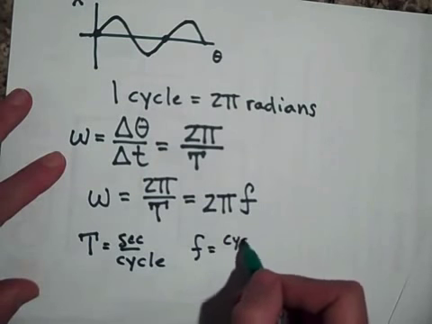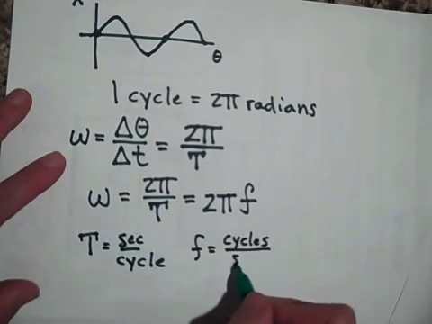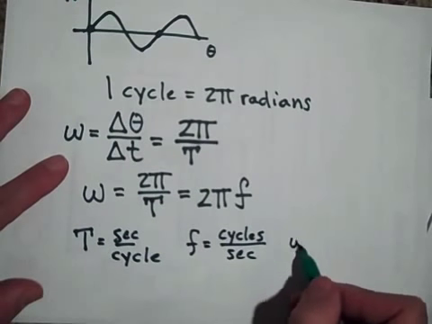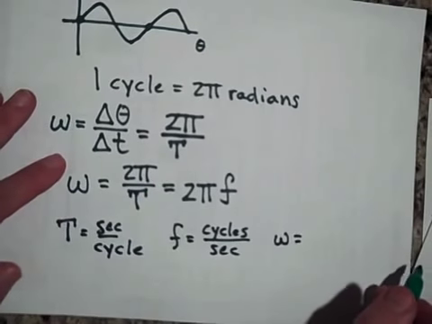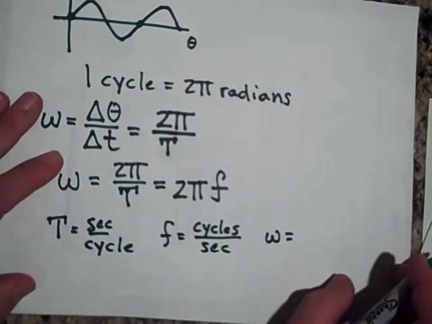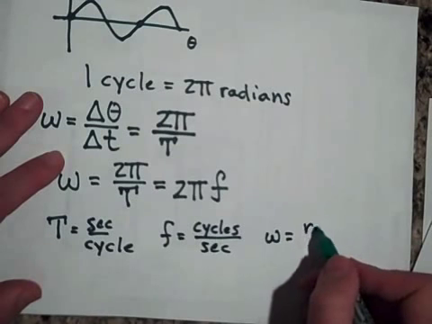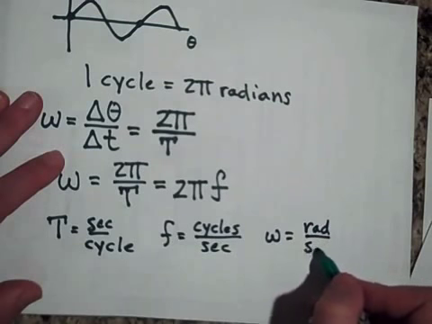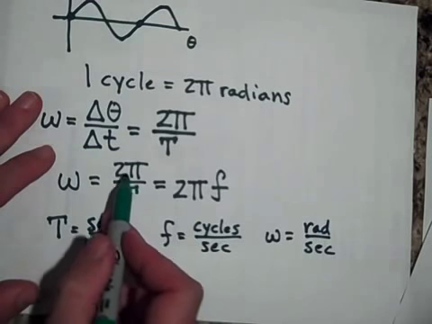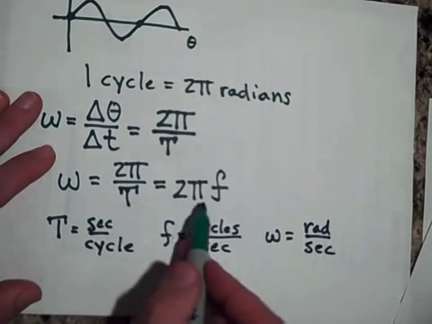It's cycles per second. What's the unit for omega, angular frequency? It's not called angular velocity in simple harmonic motion. It's called angular frequency, and it's going to be radians per second. See how this gives you radians per second? And so does this.